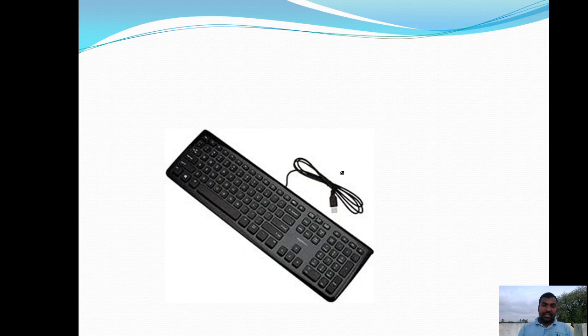So this is the layout or diagram of a keyboard. These are the number keys, the number keypad is here. These are the special keys, these are the navigation keys. And these are the numeric keys and alphabet keys, and these are the number keys, and these are the functional keys.